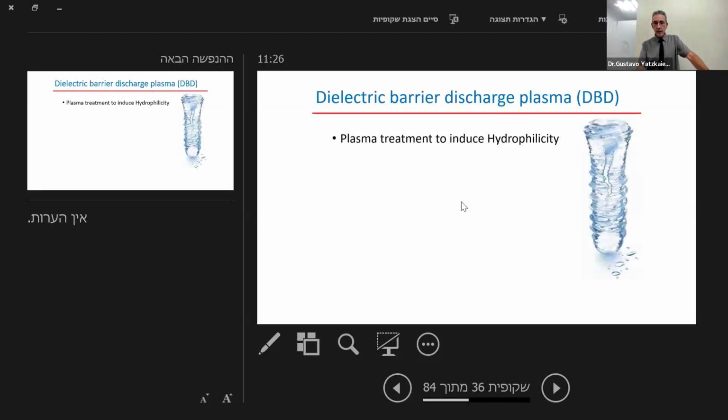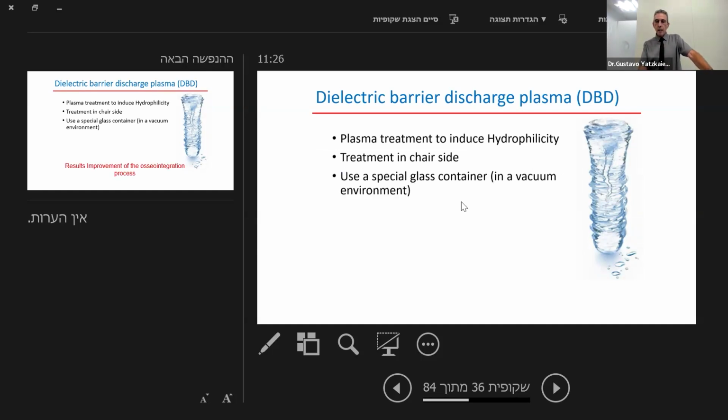The first device that I want to present was the dielectric barrier discharge plasma. As we talked before, we need to measure the drop. This is a device that we can use in our clinic, but with this device, the implant came in a glass container with a vacuum environment.